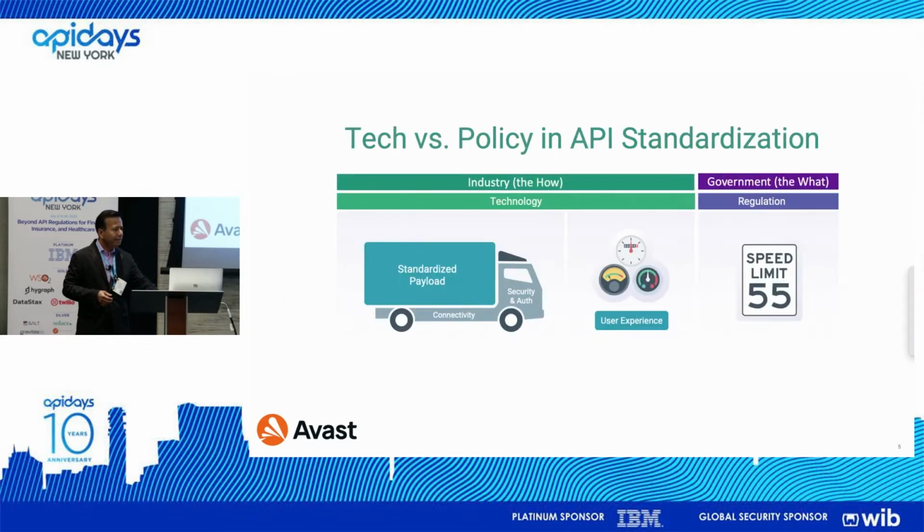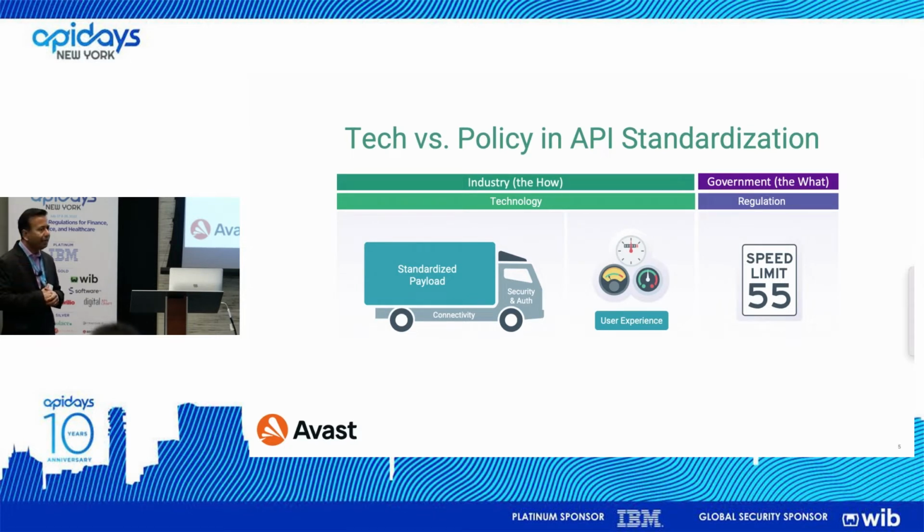So as we look at the standardization, another question that comes up is the role of policy versus tech. If you're examining what it means to standardize in your ecosystem, often you may have inertia waiting for the government or the policymakers to do something, or you're thinking the government's going to do something about it.